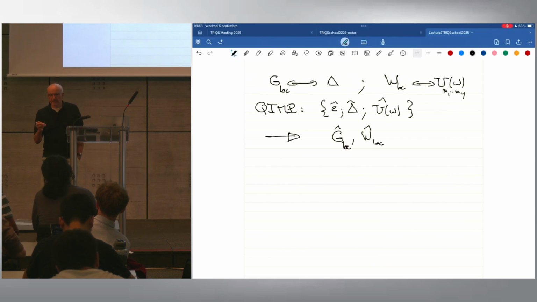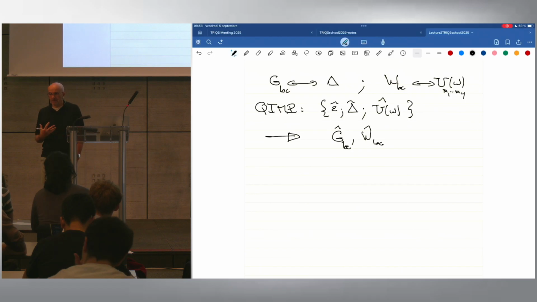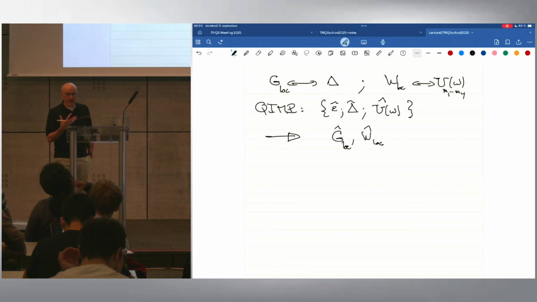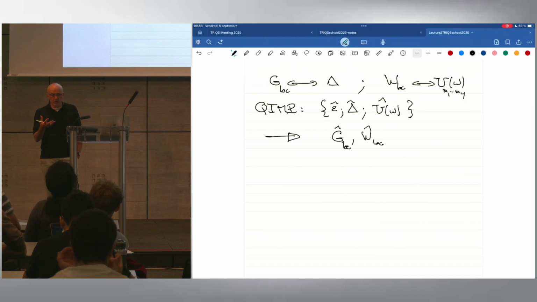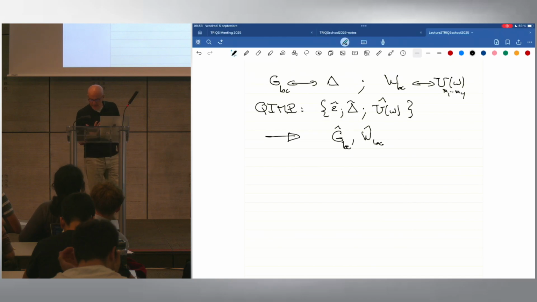And now you see that this is a unique prescription, a precise prescription for defining what we mean by U in a solid. U in a solid, first of all, can only be defined if we promote U to being a frequency-dependent quantity, because screening is a frequency-dependent concept, right?